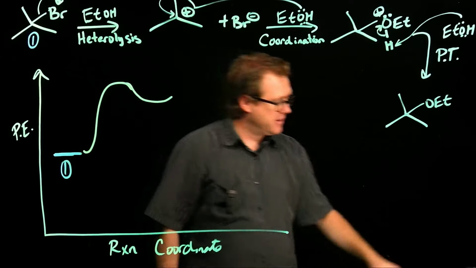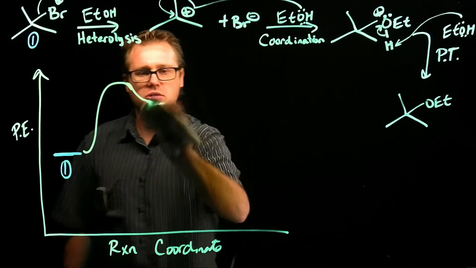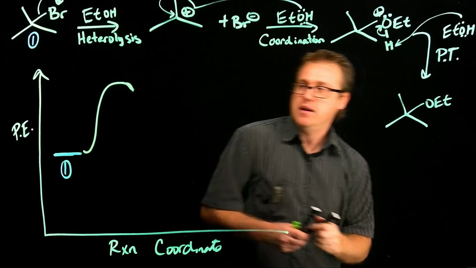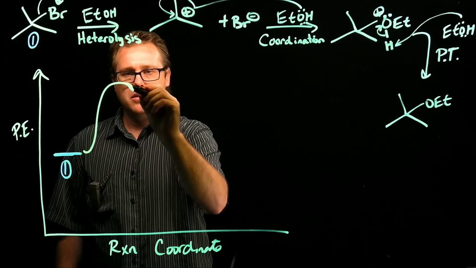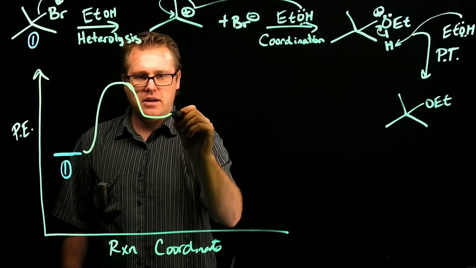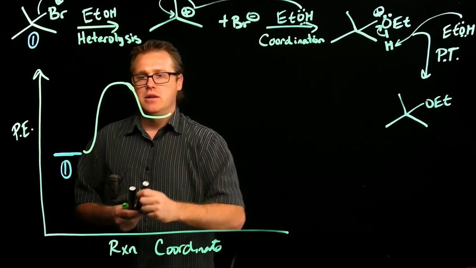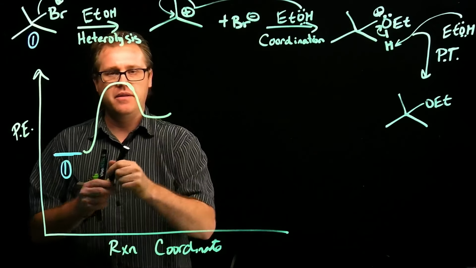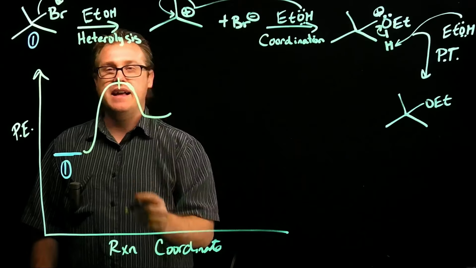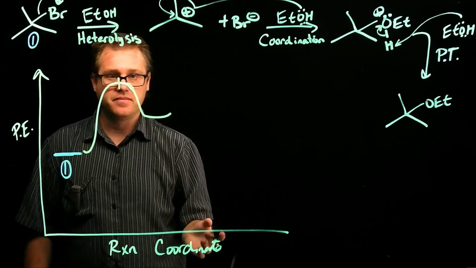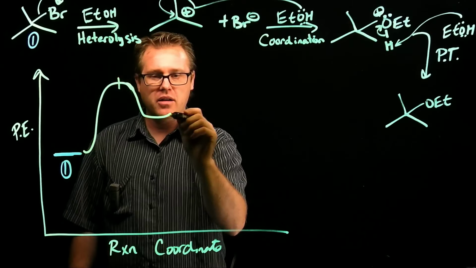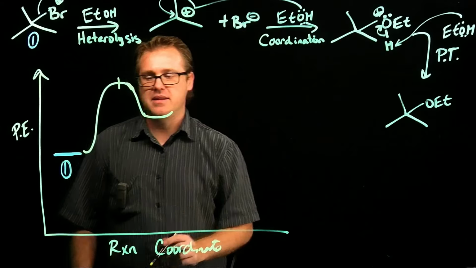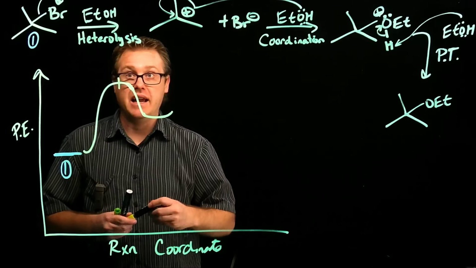let's make this go down a little bit deeper so we can see some contrast. So what do we have here? This right here at the very top, that's the transition state. And down right here at the well, that is the intermediate.